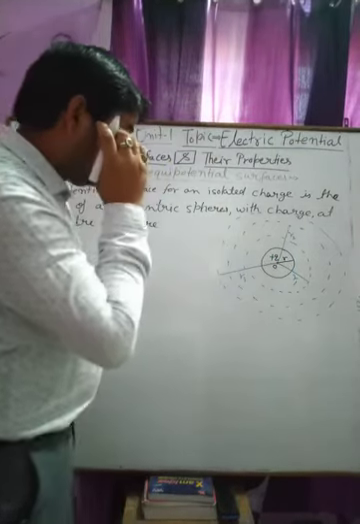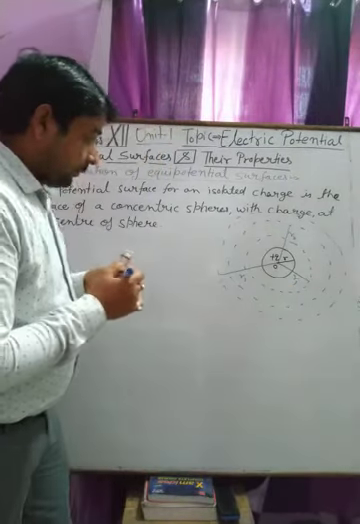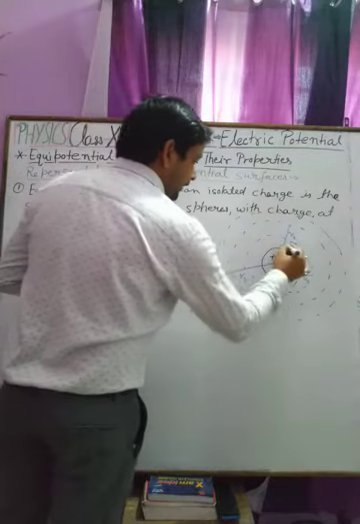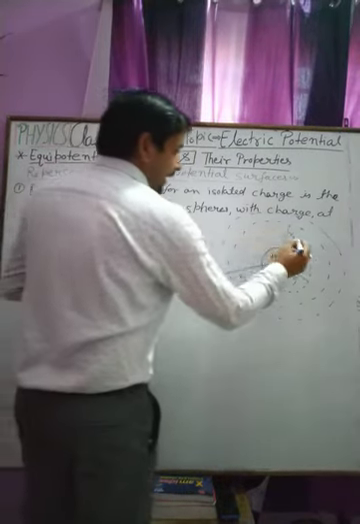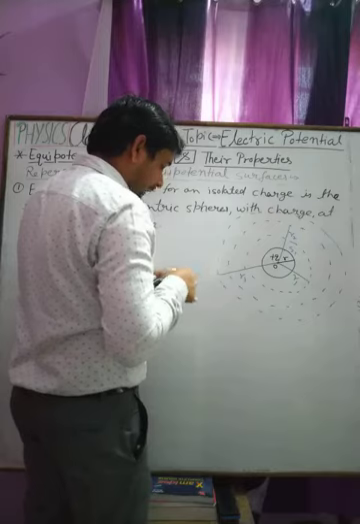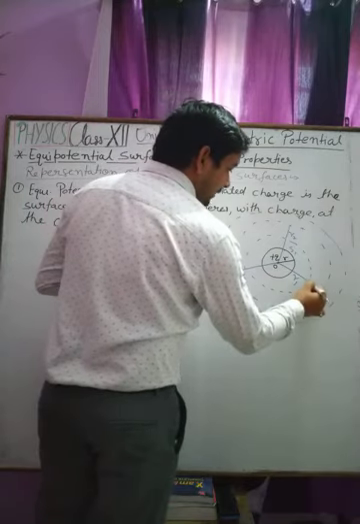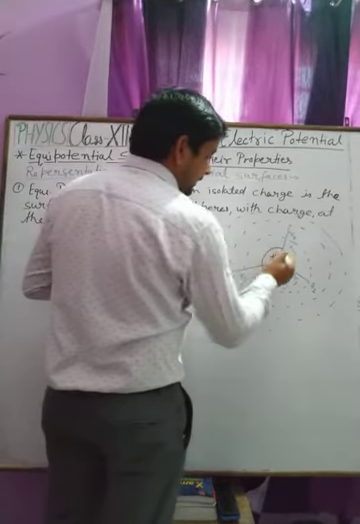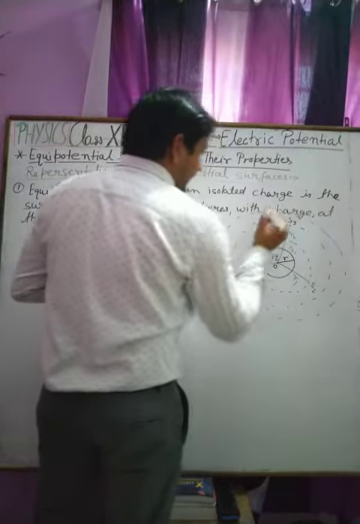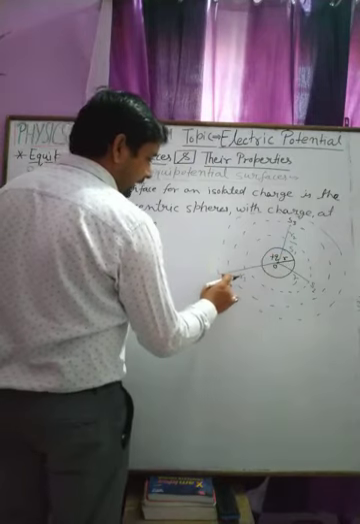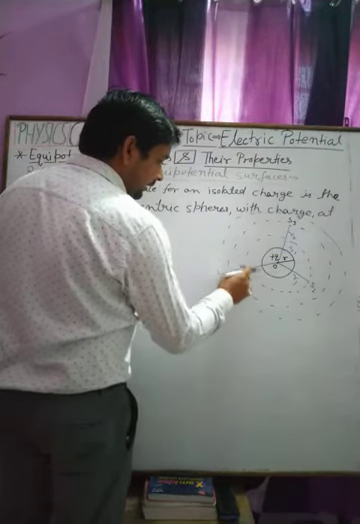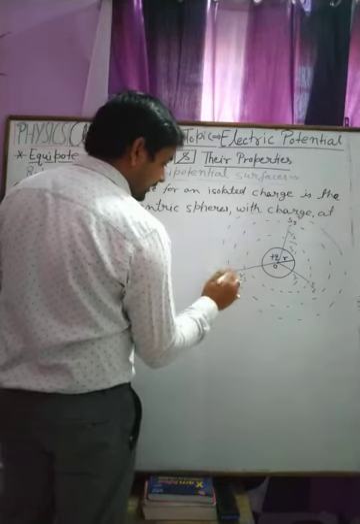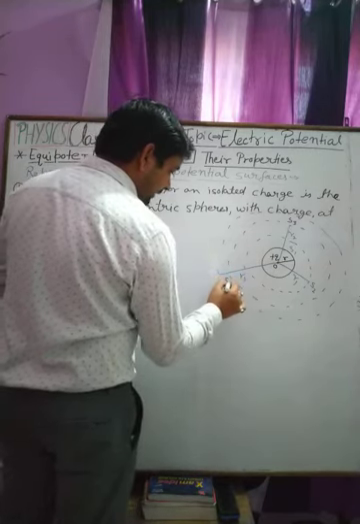That is, potential at r for the first surface, potential at a distance r1 for surface 2, potential at a distance r2 for surface 3, and similarly potential at surface S3 at distance r3.